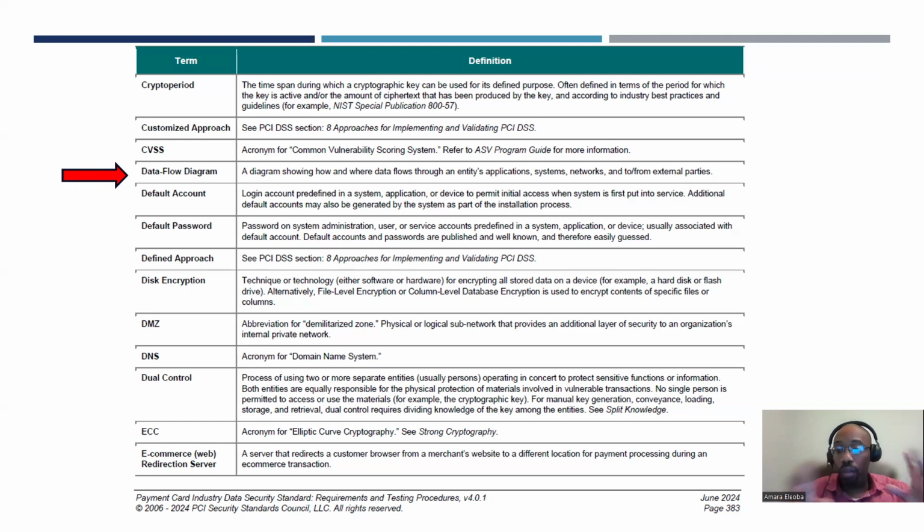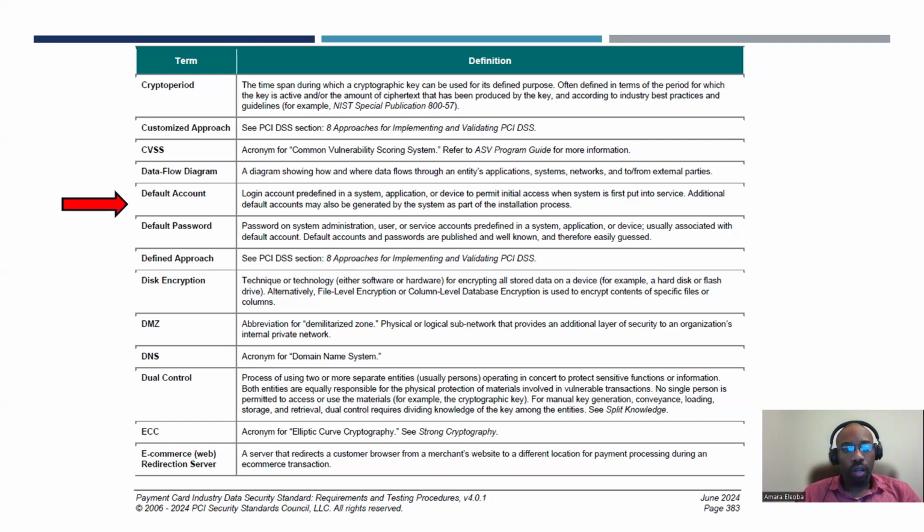So they said follow the money. If you have an application that is within PCI DSS scope, that application should have what we call the data flow diagram, and that should show how money is going through the application, to the system, through the network. Okay, it's very important.